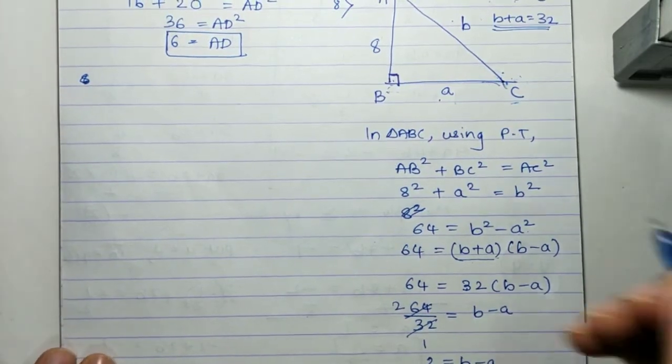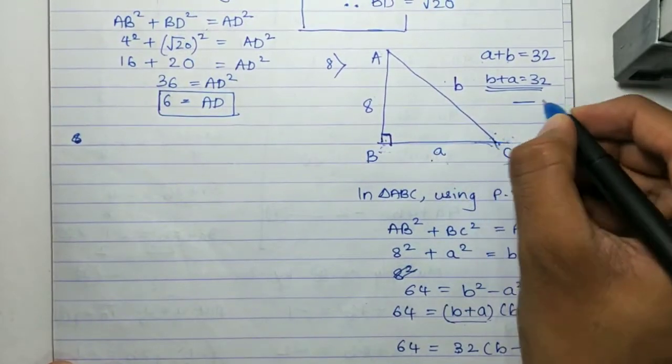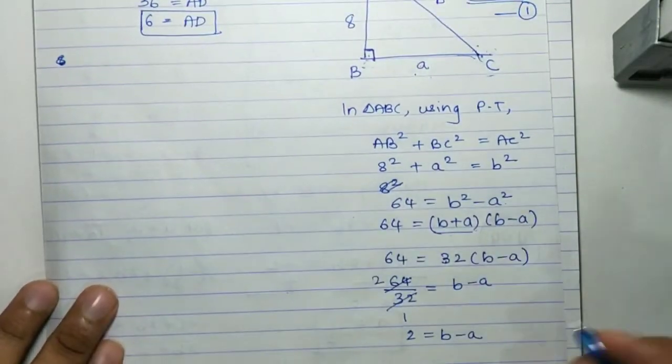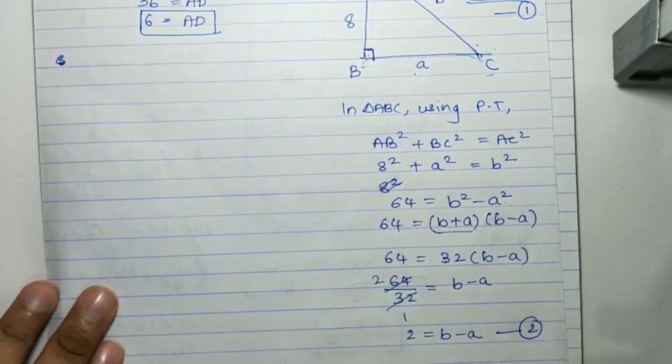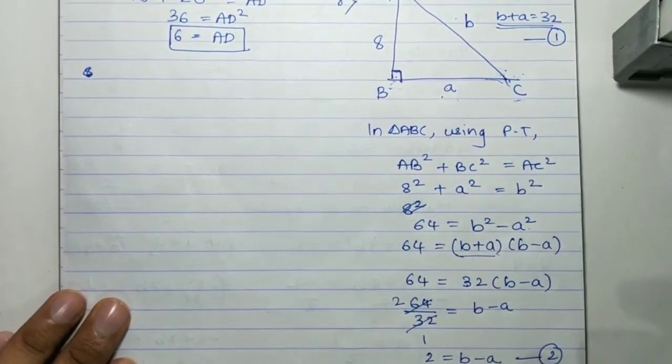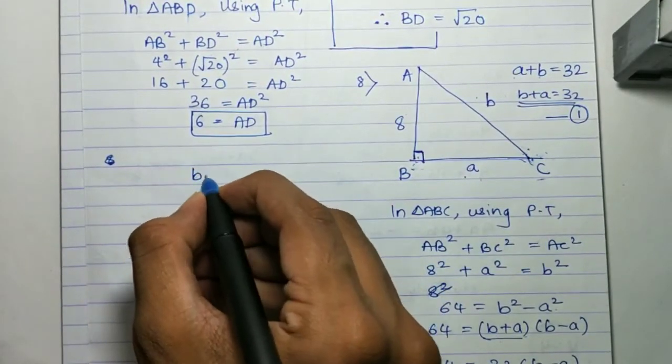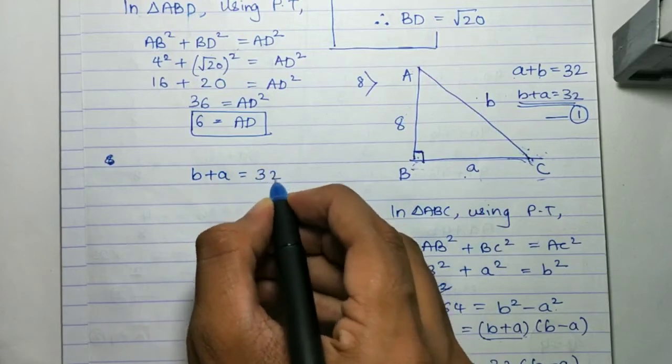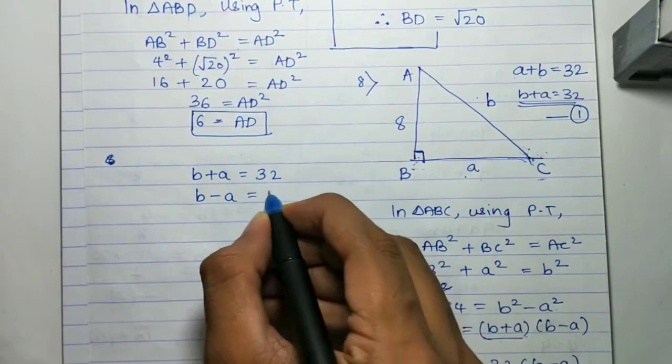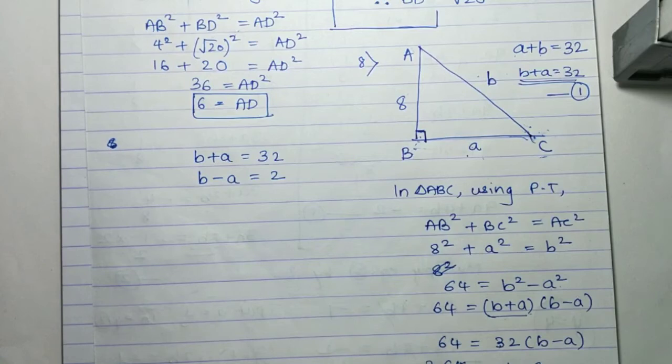How to do it? I'll write it here. Let's name this as equation 1 and this equation which we found as equation 2. So B plus A is 32 and B minus A is 2.